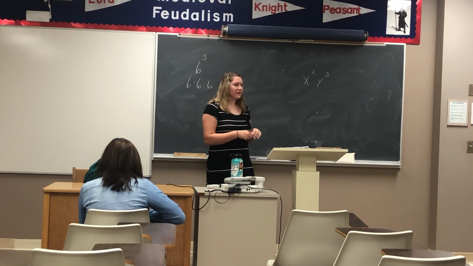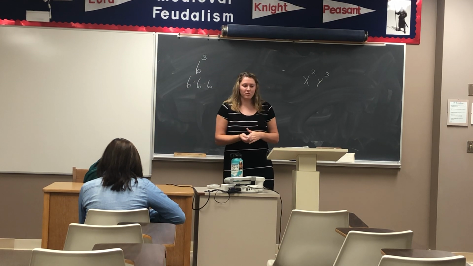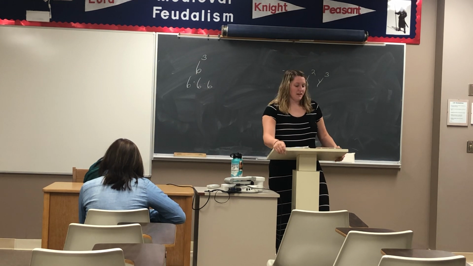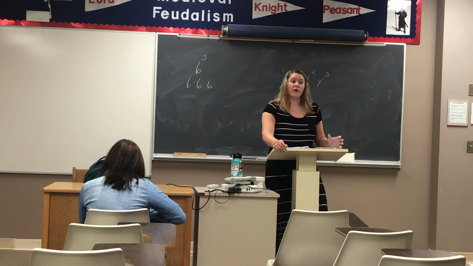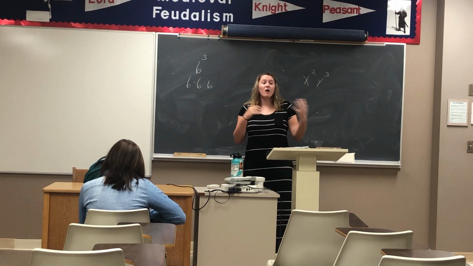Very good. So however many times, whatever the power is, that's how many times we are multiplying it by itself. Number 37, Anna Grace. Would be 7 times x times x times x times y. Right. So you can see that we can just add these and make these as long as we want.